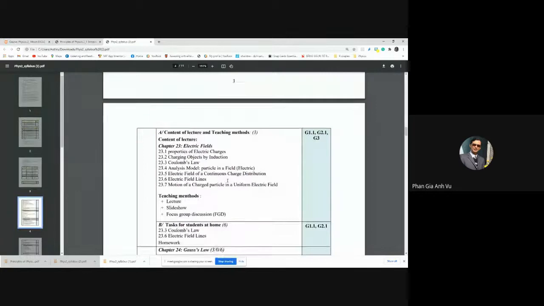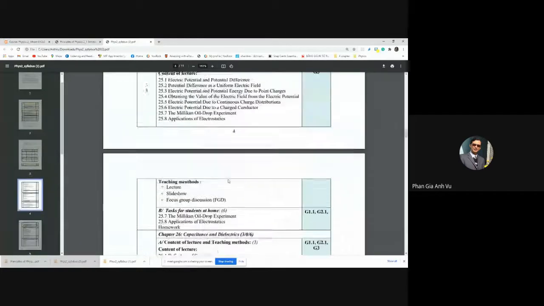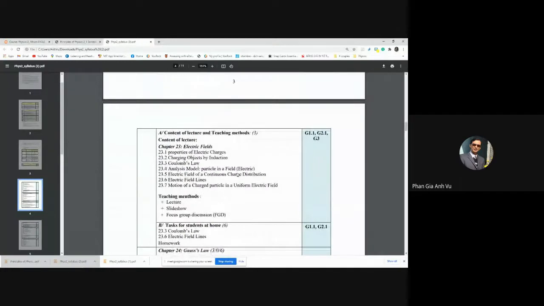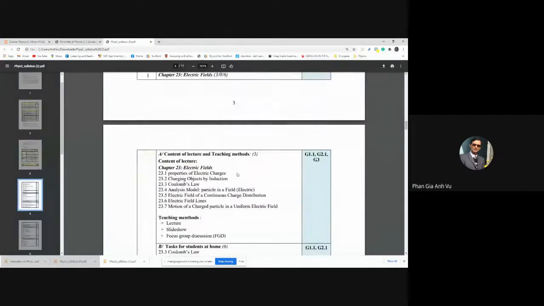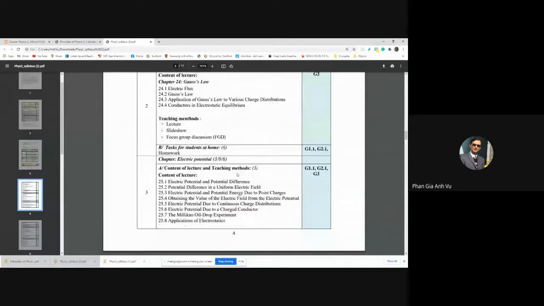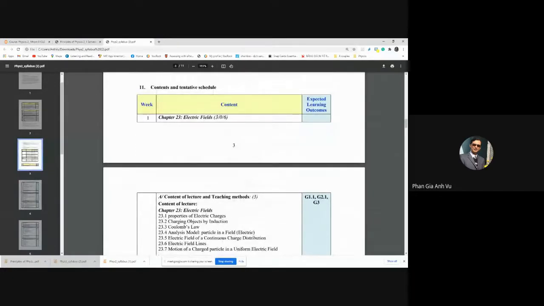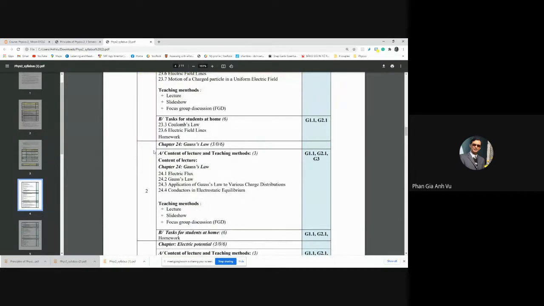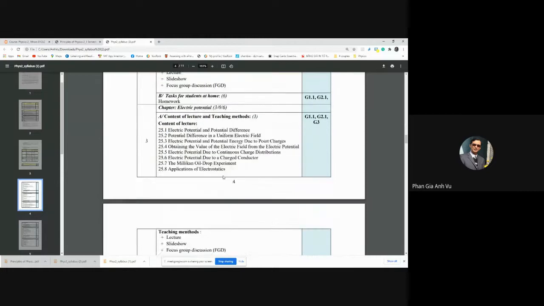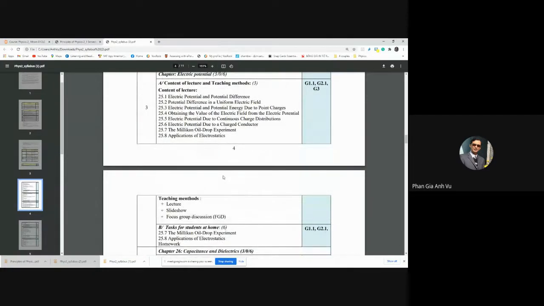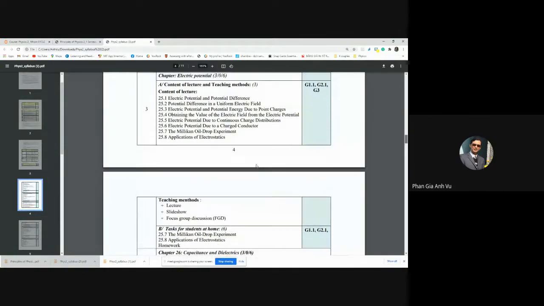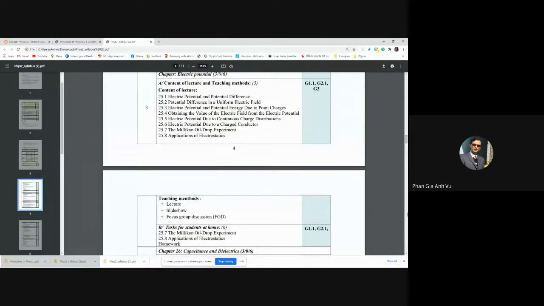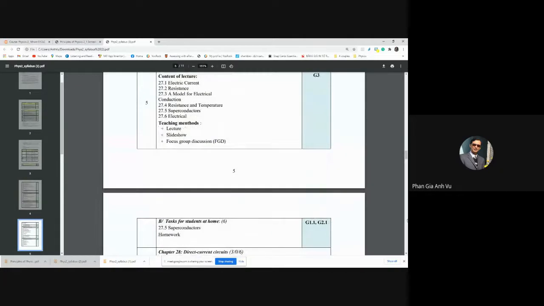In the schedule, we have totally 15 weeks. So this is the first week, and then we can follow the schedule here. For the first week, week number 1, we have the first chapter, week number 2, the second chapter, and so on. So we try to keep this schedule. Some of the chapters you have to do by yourself at home.